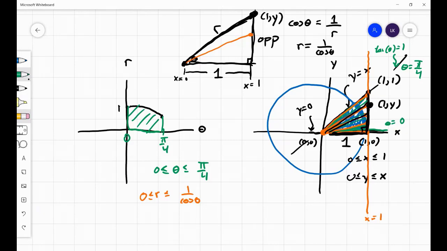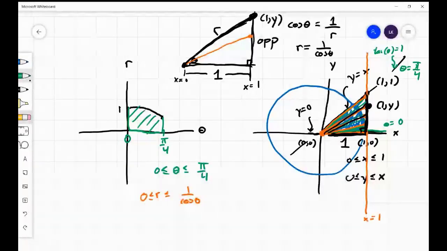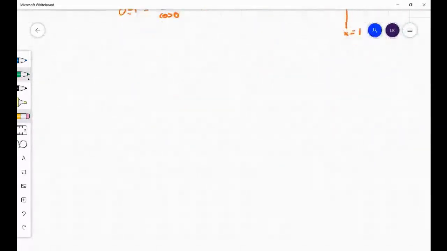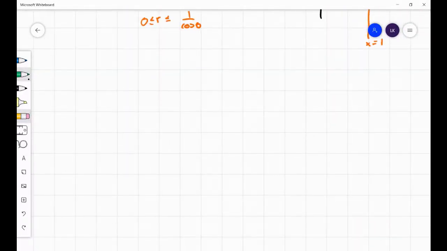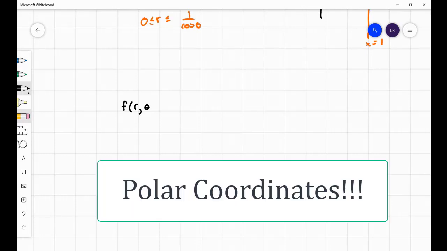But I want to mention something from Dr. K's class, because the problems he gave you weren't easy, I don't think. They're interesting, very interesting. So he offers you a problem where we have a function of r and theta. So this is still in rectangular coordinates.